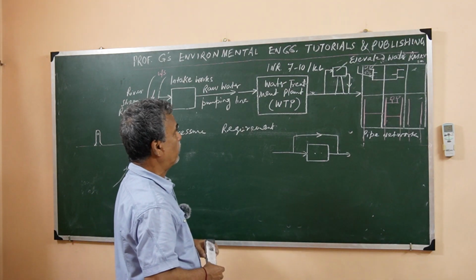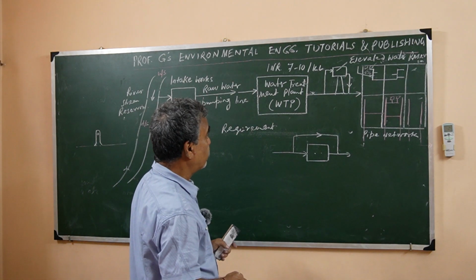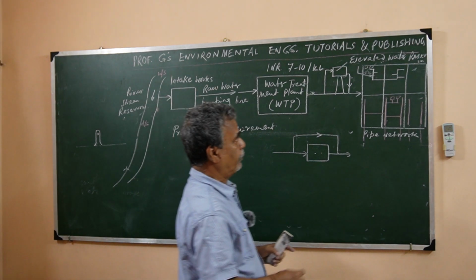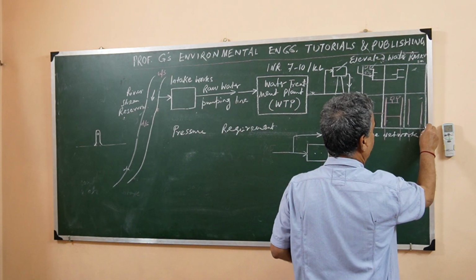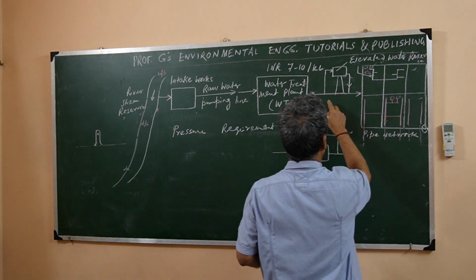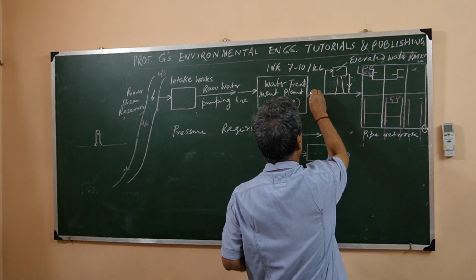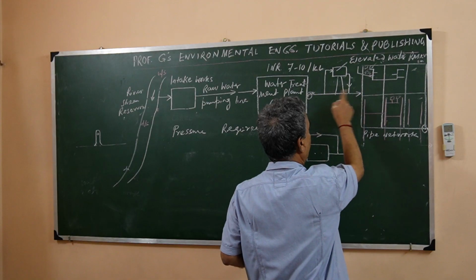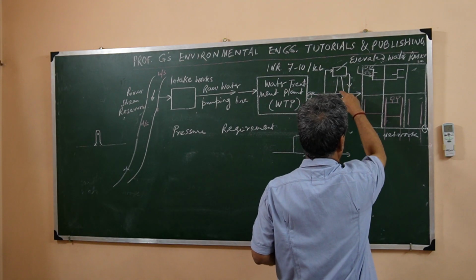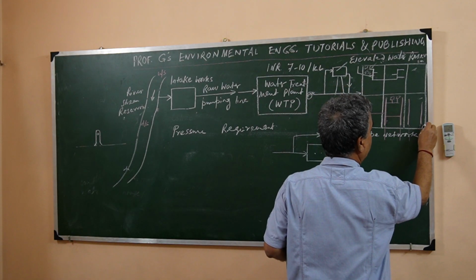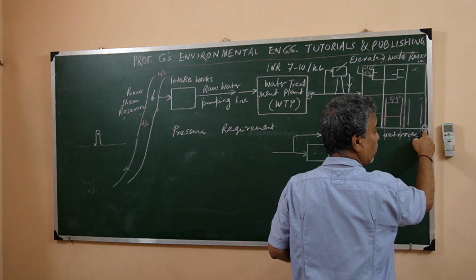So, the pressure requirement. Look, for a single storey building, remember the furthest end of the distribution system, with respect to the treatment plant, where pumping is done, or the reservoir. Here you see that the farthest end is this one.